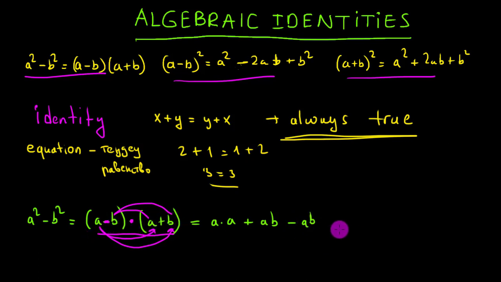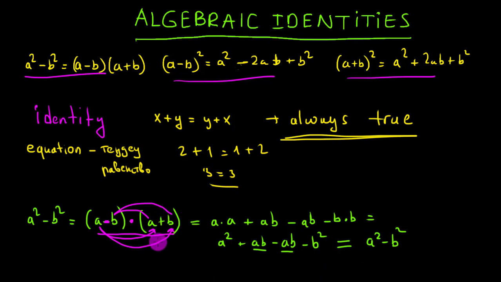Minus b times b will be minus b square. So we have a square, plus ab, minus ab, minus b squared. Since they are plus ab and minus ab, they are like ones, that's why they cancel, and you have 0 here. So you are only left with a square minus b square. Okay?